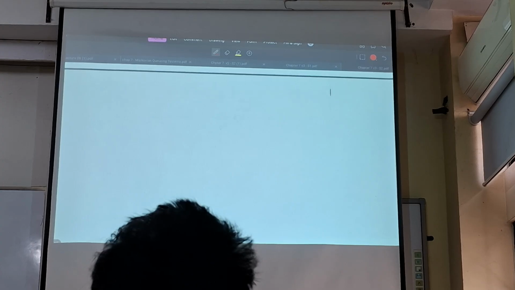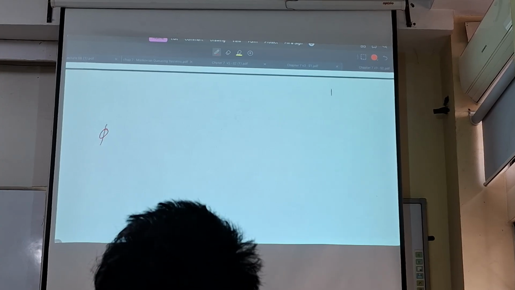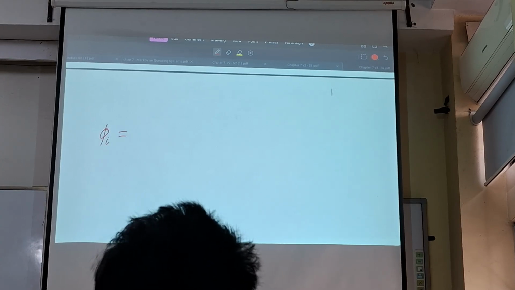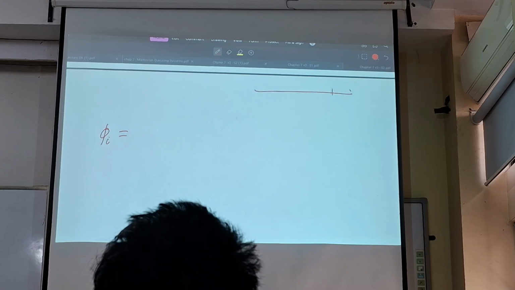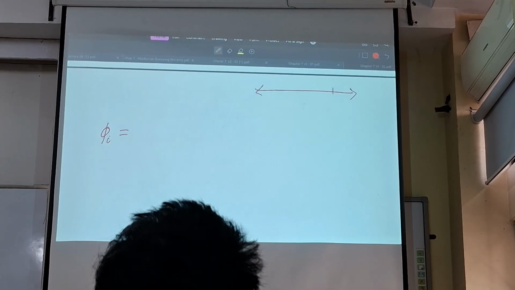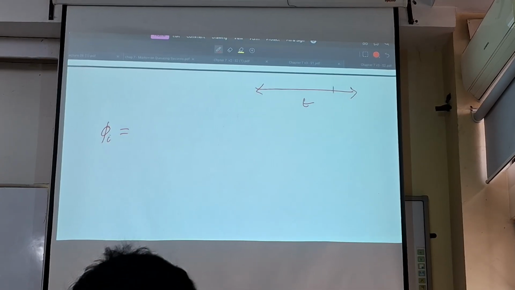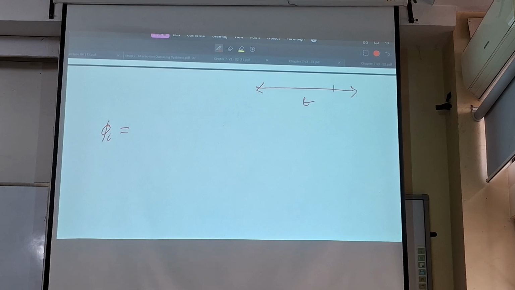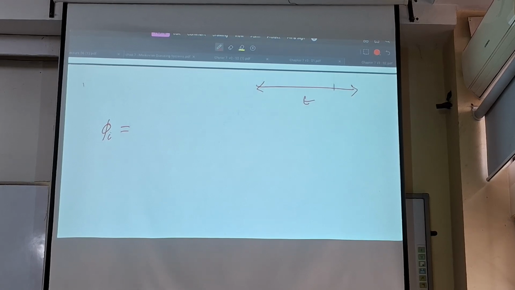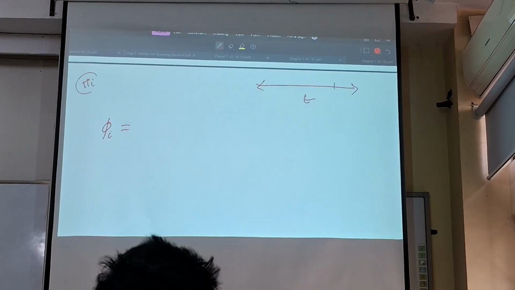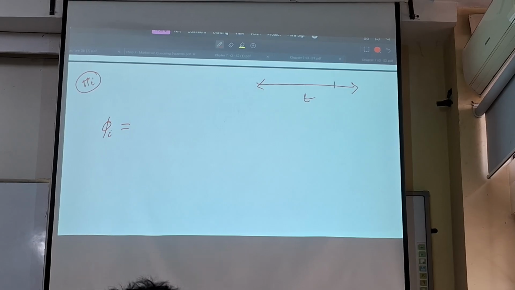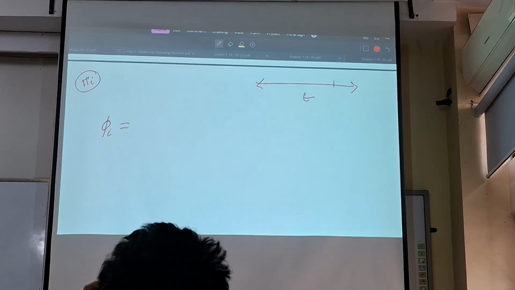Now, if we calculate the phi I, then we can see. Let's say the cycle length is T. What is phi I? The fraction of time the process, the frequency of visiting a state.